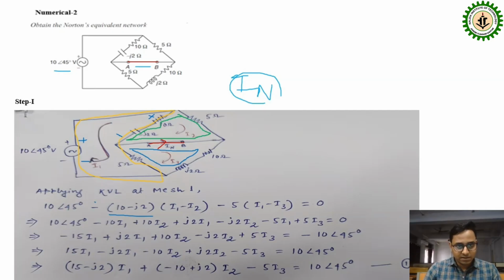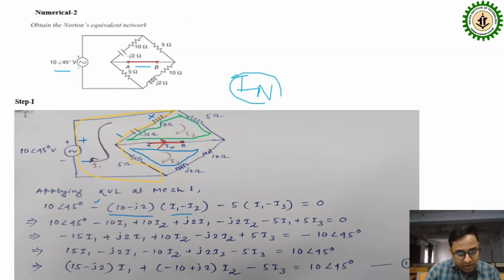That's why this minus sign. The voltage drop across this is 10 minus J2 into the current flowing through this branch. Here the current I1 is flowing for this mesh, and similarly current I2 is flowing through this for this mesh, so the difference of current I1 minus I2 is written.